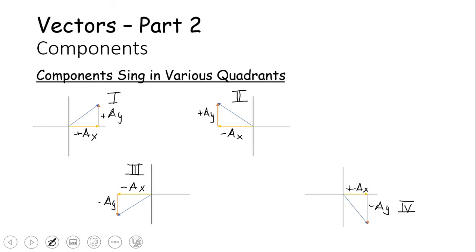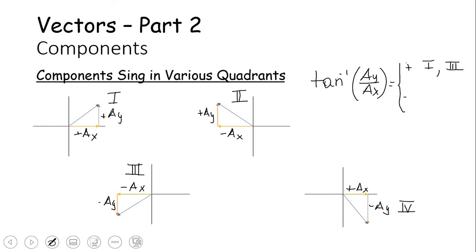Why is this important? This is important because in our calculation of tan inverse, we're taking the ratio of Ay over Ax. This Ay over Ax can be either positive or negative. So let's look at it. If it's positive, that means that both Ay and Ax are positive, in which case you're in the first quadrant, but it could also be positive because both of them are negative, in which case you're in the third quadrant.